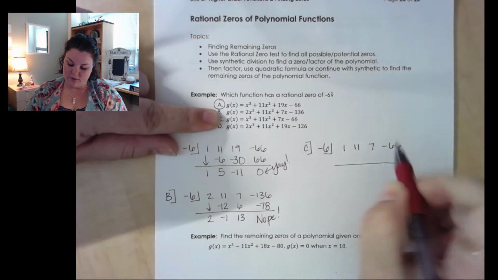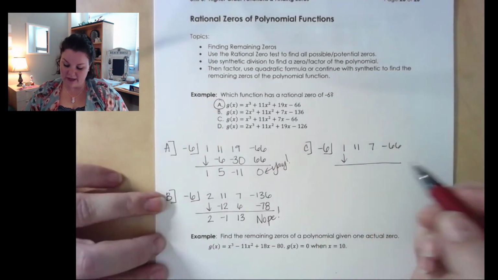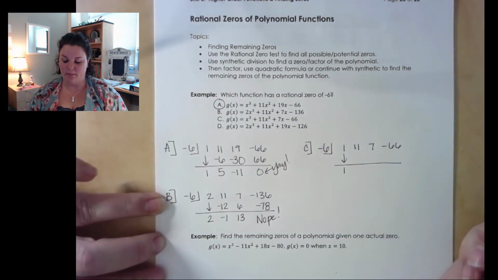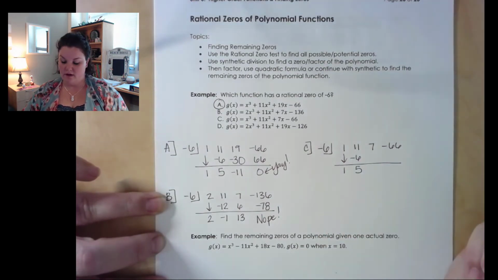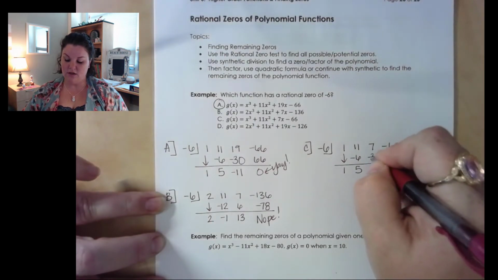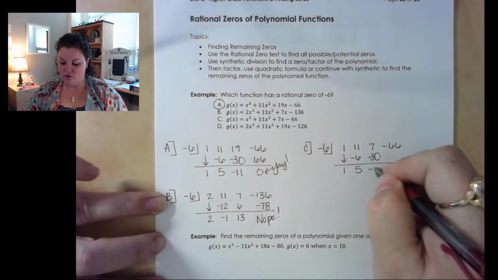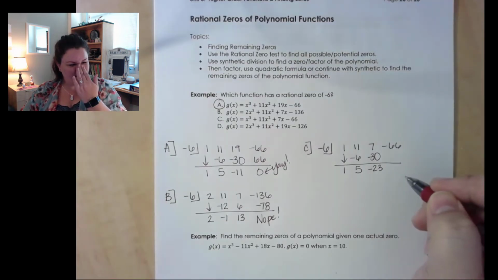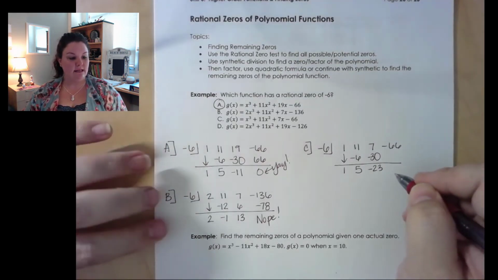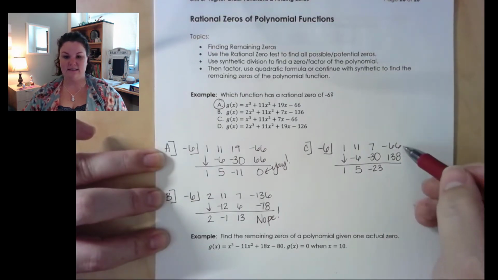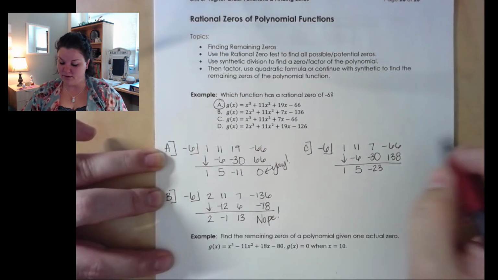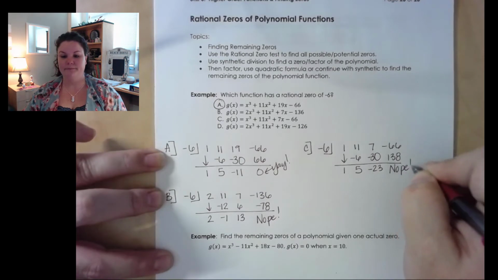I'm going to draw my line and bring my first one down. 1 times the -6 in my box gives me -6, which combines down to 5. 5 times the -6 gives me a -30, which combines down to -23. And -23 times -6 gives me 138. We can see that -66 and 138 is not going to combine to 0, so that is a nope.